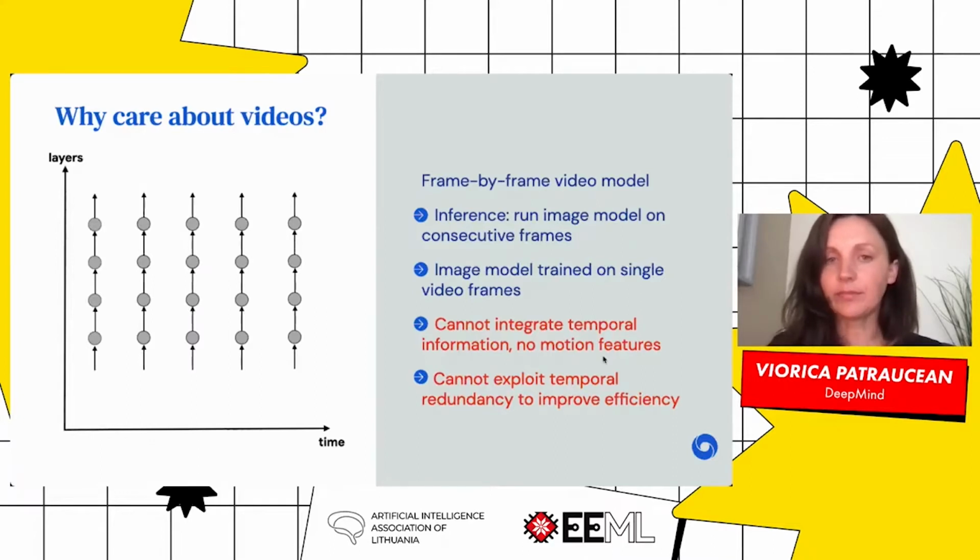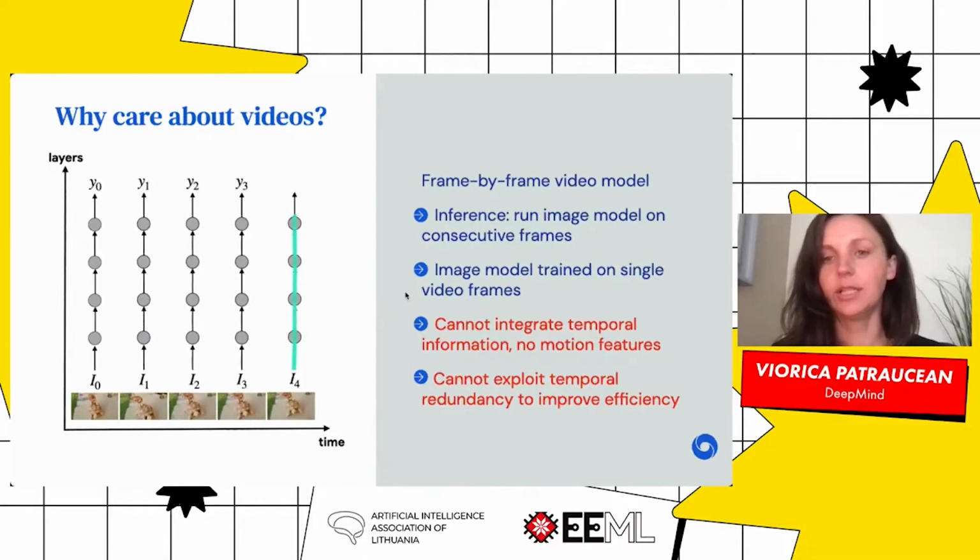And then if we have such powerful image models, the simplest video model that you can think of is nothing but an image model applied frame by frame on the consecutive frames of a video. This is what I'm showing here on the left. On the horizontal axis, we have the time or the consecutive frames of the video, and on the vertical, we have the different layers of the network.